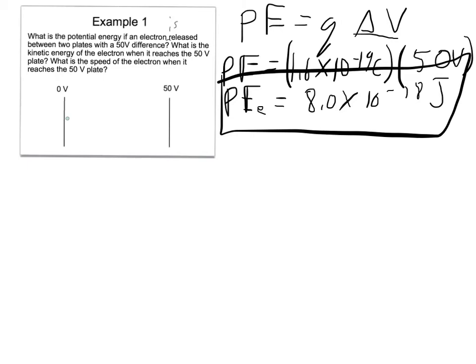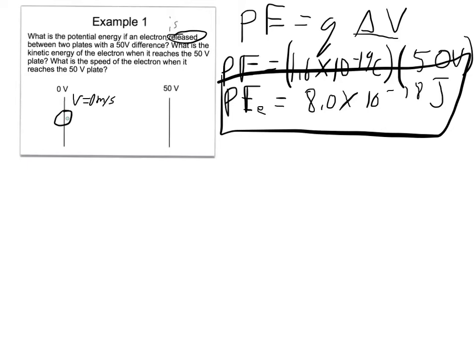Next, the problem says, what is the kinetic energy of the electron when it reaches the 50 volt plate? Since energy is conserved, and the problem doesn't say, but since it says released, I think we can safely assume that the thing is not moving here, so velocity, not voltage, would be 0 meters per second. So it had no kinetic energy, only potential.